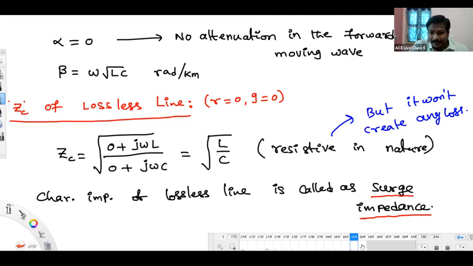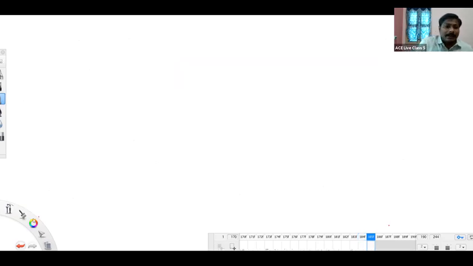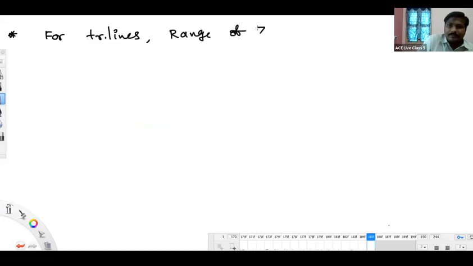Okay, let's continue now. I will give some range for this ZC for practical applications. If you think about practical transmission lines, the range of ZC will generally be between 200 ohms and 500 ohms.